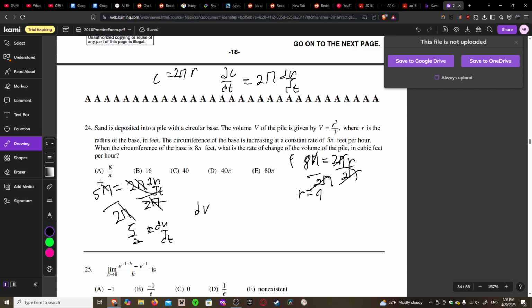And dV dt, first of all, V is equal to r cubed over 3, that'd be r squared dr dt, which means dV dt is equal to 4 times 5 over 2, which I did something wrong.